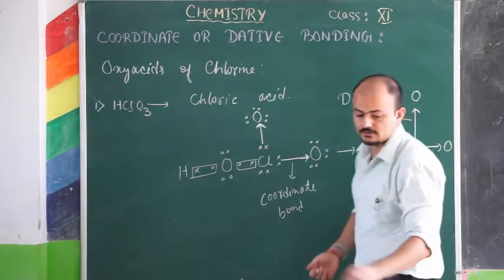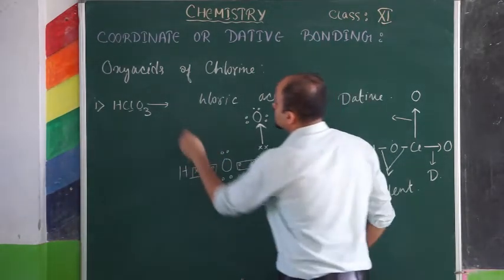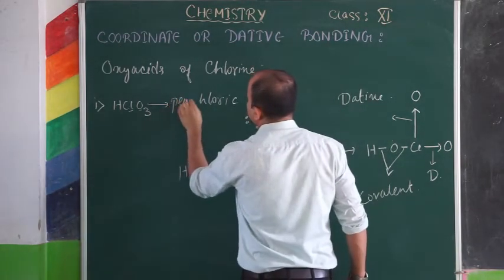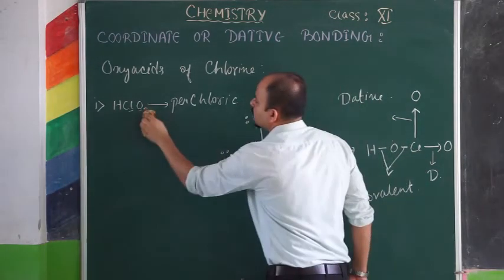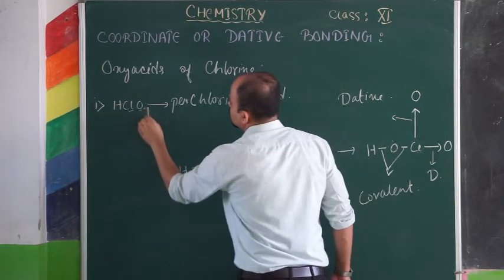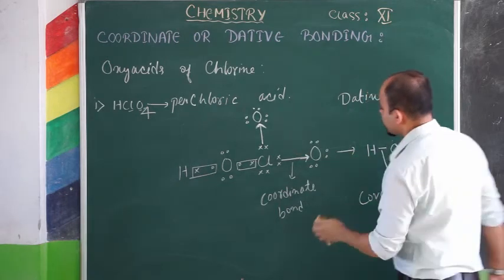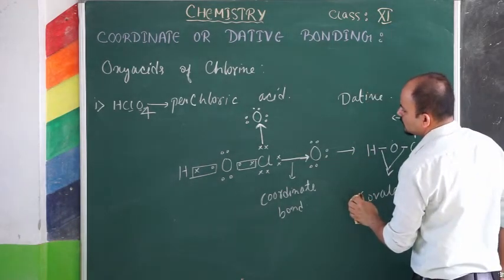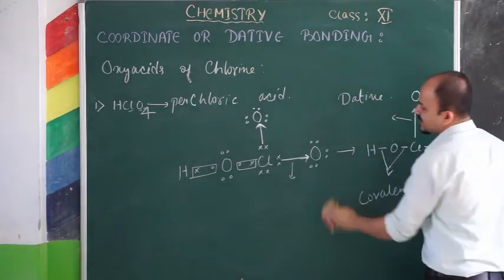Now let's discuss the structure of perchloric acid. In case of perchloric acid, how many oxygen atoms are present? 4. So from the structure of chloric acid itself, we can come to the structure of perchloric acid.